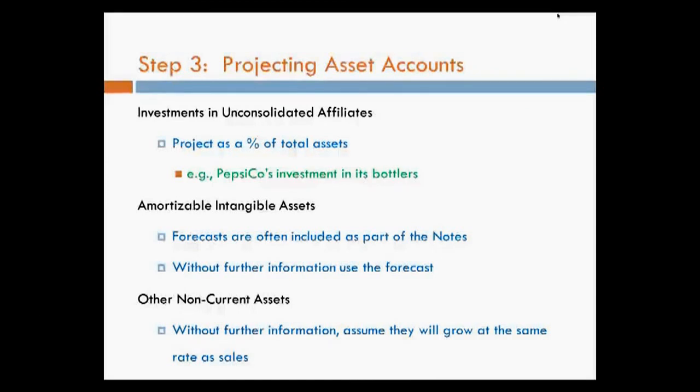Project your investment in consolidated affiliates as a percent of total assets, as we did before. Amortize your intangible assets. I think we said this should come from the notes, and that's the best information you have. I don't think I have better information than that. And other categories, just assume they'll go with sales.